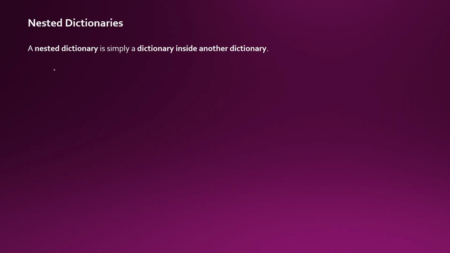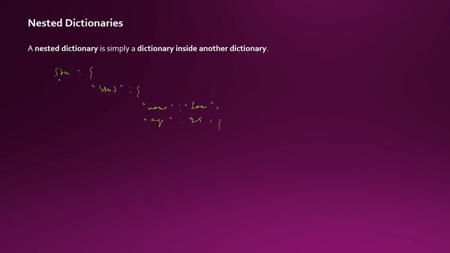For example, suppose we have a dictionary student. Within this we have a key, student 1, and within this we have the data of this student 1, for example name as Sam, age as 25.